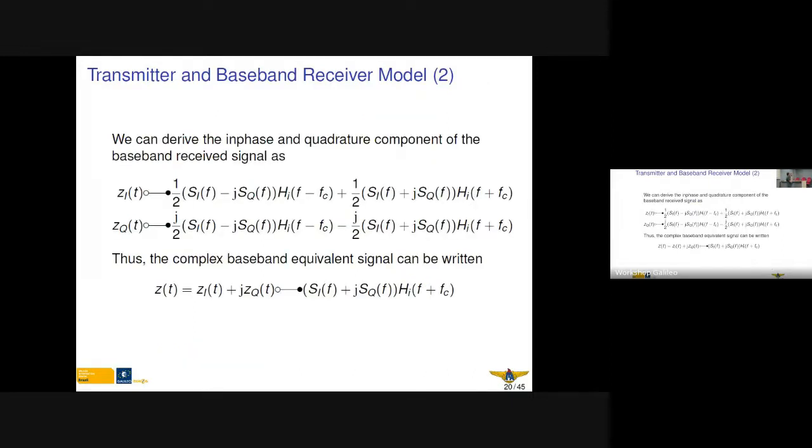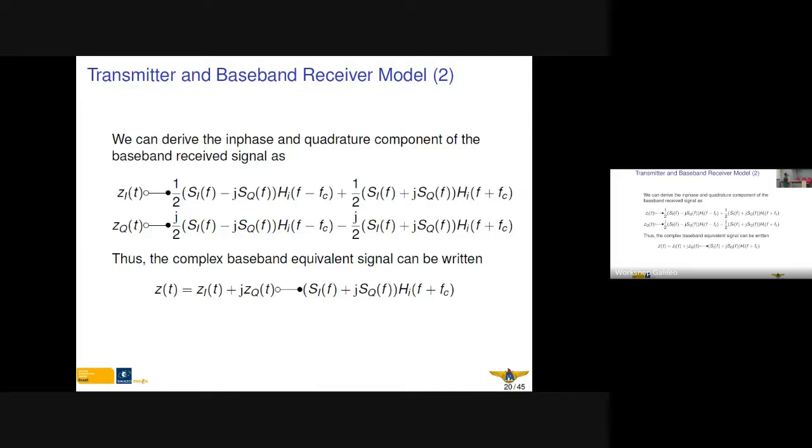We can derive the in-phase and quadrature components of the baseband received signals using the frequency domain, and we end up with these equations. When we do the inverse Fourier transform of this formulation, we end up with the time representation of the in-phase and respectively the quadrature component.